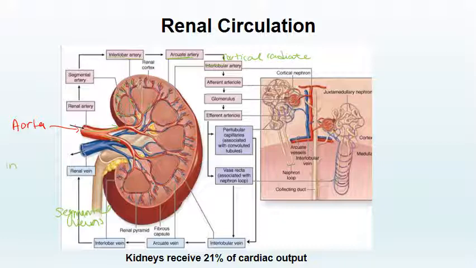So segmental veins into the renal vein and then out into the inferior vena cava. And that is blood flow. Like I said, practice it a few times, get comfortable and familiar with it.